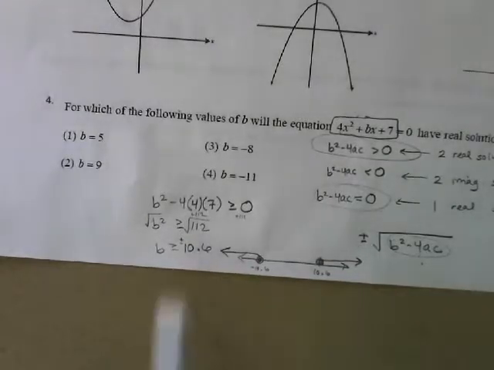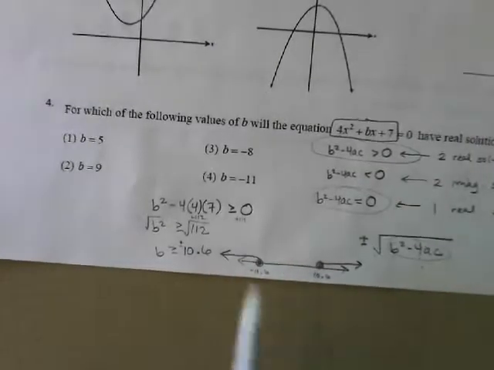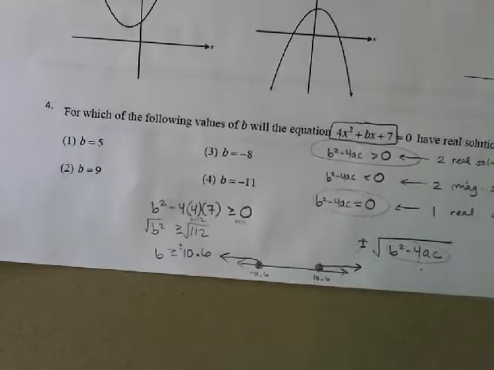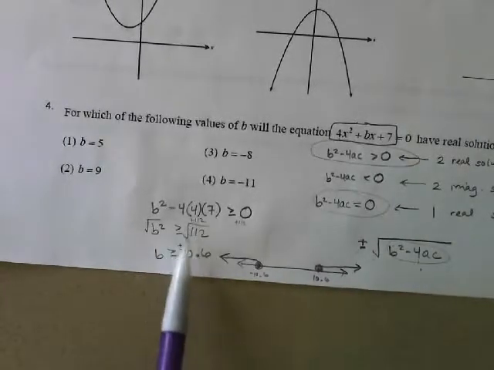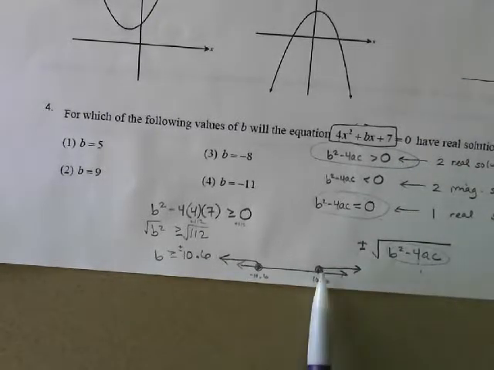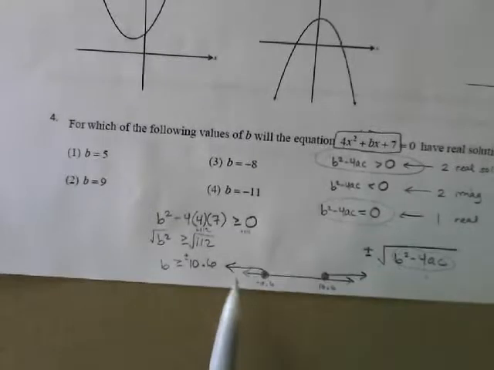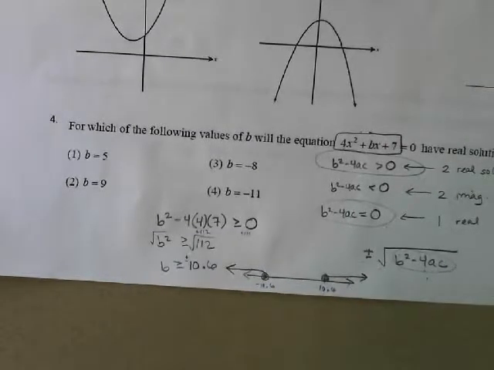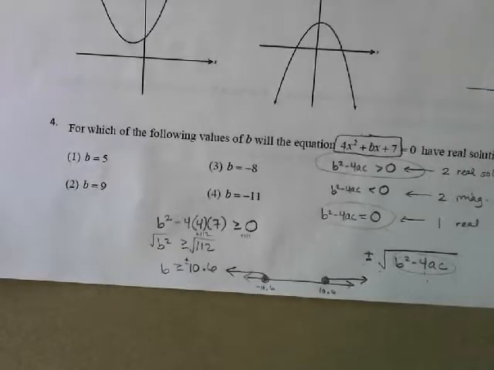But we're finding something more extreme than 10.6, so that when you square it, it's greater than 112. More extreme than 10.6 on the positive side would be that way. More extreme than negative 10.6 on the negative side would be numbers further from 0. Any questions on that?